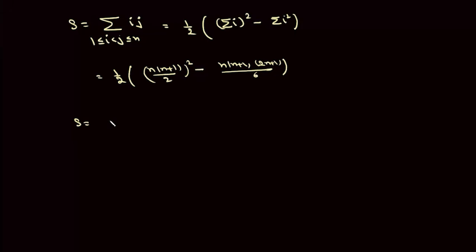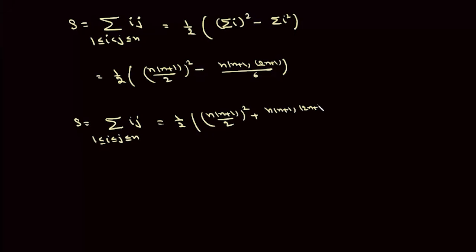And if the same question is this summation ij where i is less than or equal to j less than or equal to n, then it will be this 1 by 2 (n plus 1 by 2) whole square plus n plus 1 (2n plus 1) by 6.